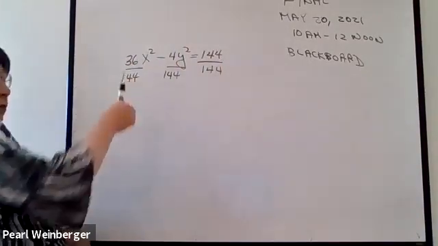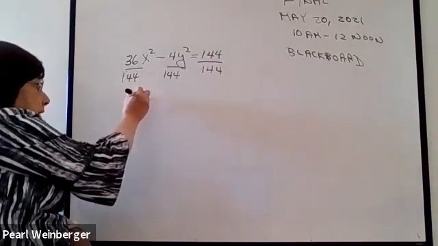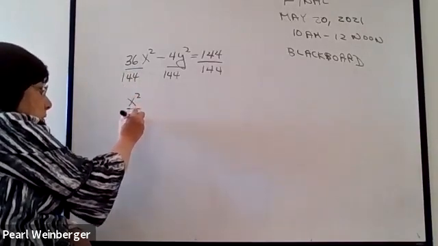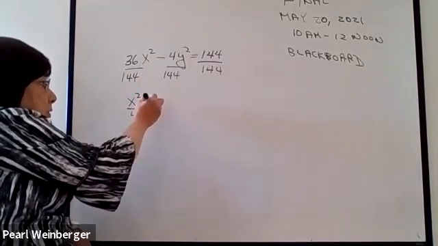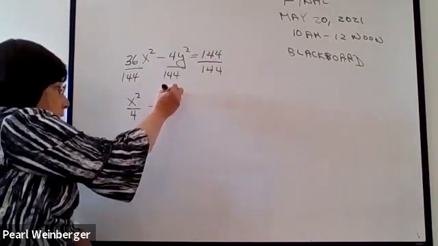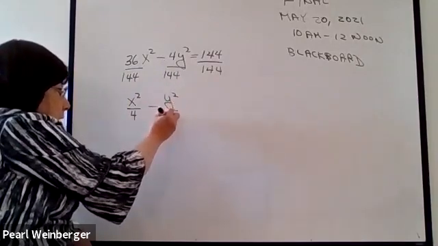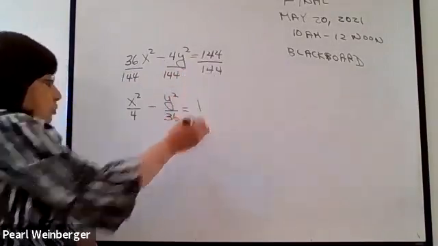Now 36 into 144 goes 4 times. So that gives me x squared over 4. And 4 into 144 goes 36. And 144 over 144, of course, gives you 1.